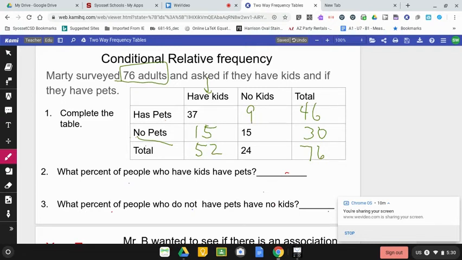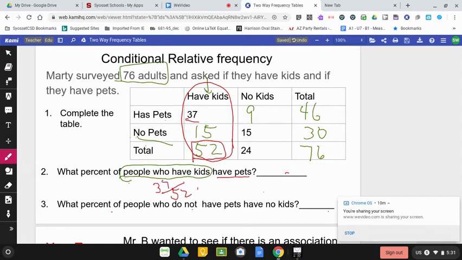And again, if you want the percent of people who have kids, now your denominator is a little bit different. It's conditional. It's not out of the total 76. It's just out of the 52 people. The 52 people here who have kids. That's my denominator. The numerator are those in this particular column who have pets, 37.